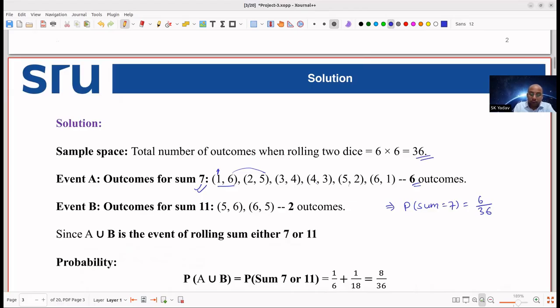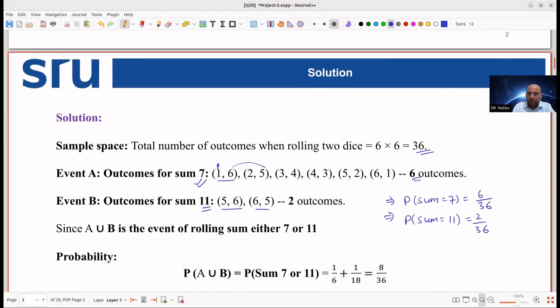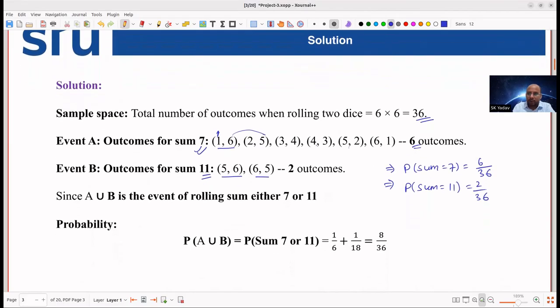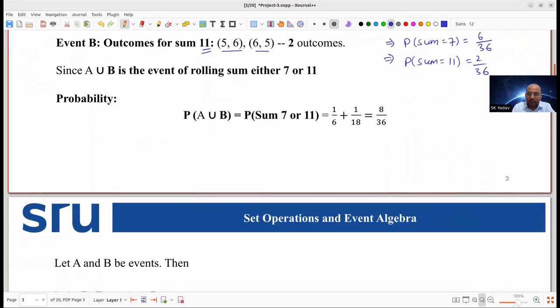Similarly, for the probability that the sum is 11, these two are the favorable outcomes. So P of sum equal to 11 is 2 by 36. These two events are mutually exclusive, that means if the sum is 7, it cannot be 11 for the same numbers. There are no two numbers whose sum is 7 as well as 11.